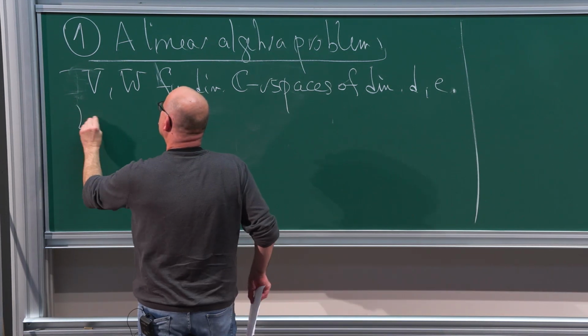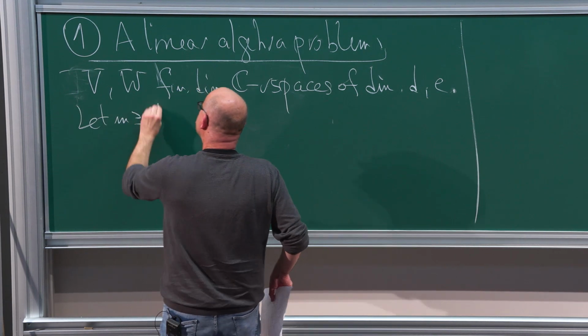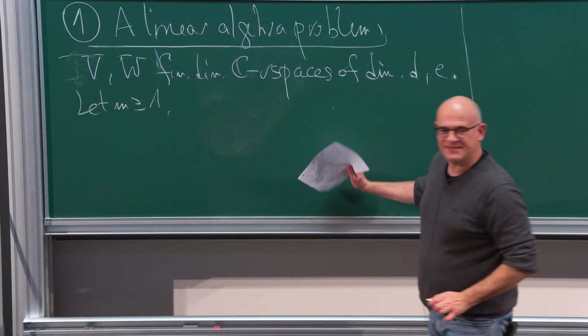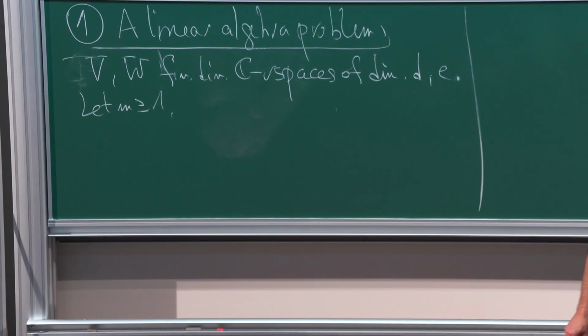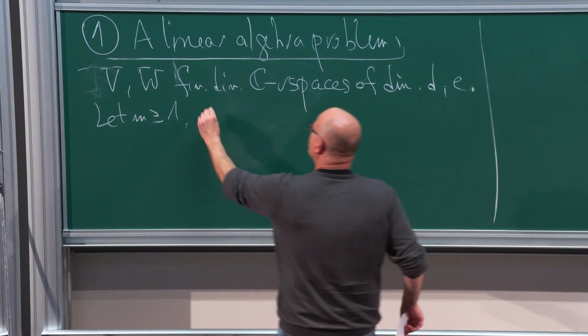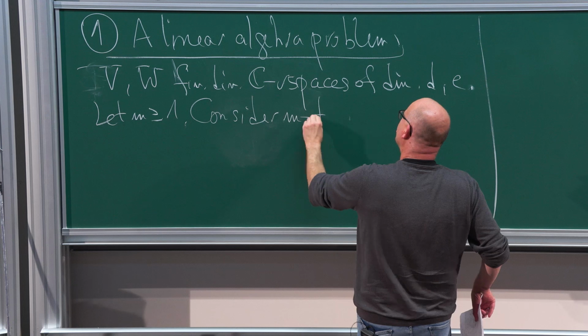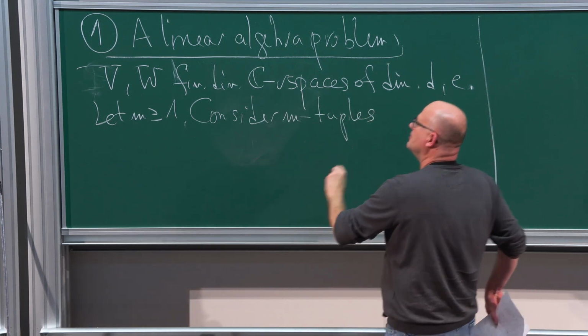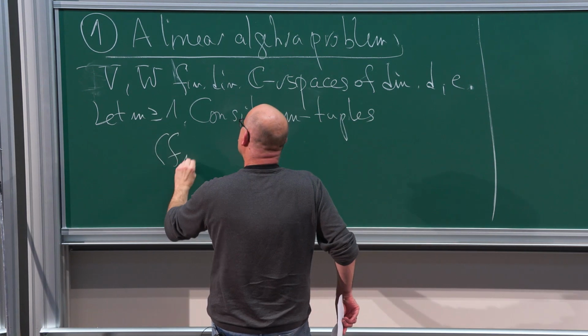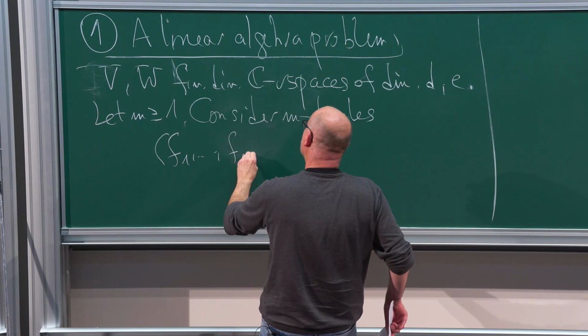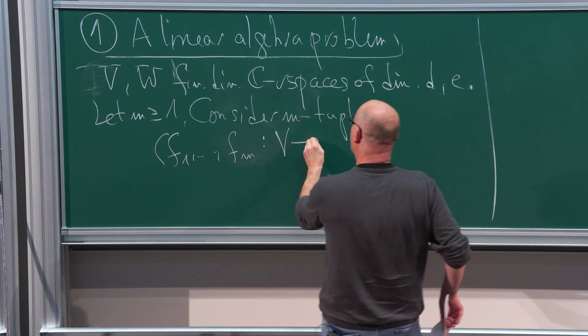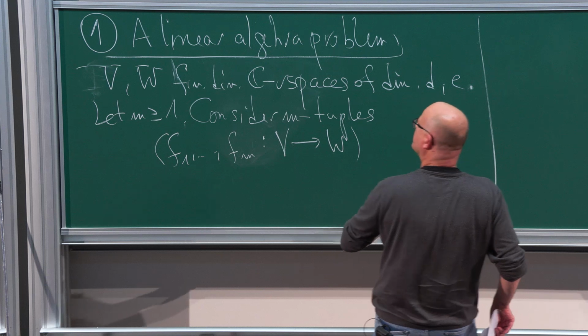So let M be an integer, at least one. And now we consider M tuples of linear maps from V to W. Consider M tuples F1 to Fm of linear maps from V to W.